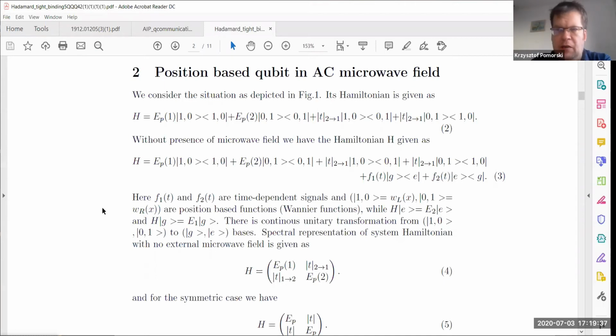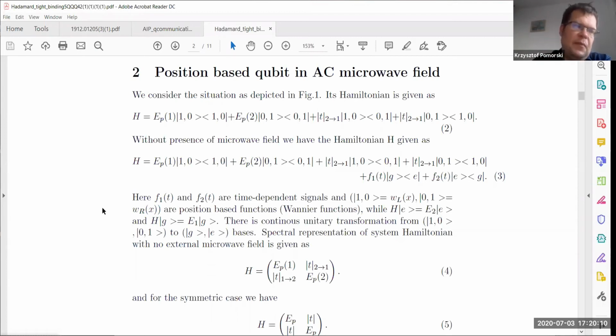Wannier functions obviously are known in condensed matter physics, but here they are used in the context of nanostructures. So basically, if you have a Schrödinger equation, the Wannier function is a linear superposition of at least two energy levels, and it just expresses maximum concentration of the electron on one of the sides. That's how it's defined.